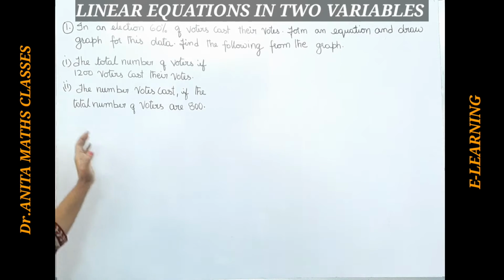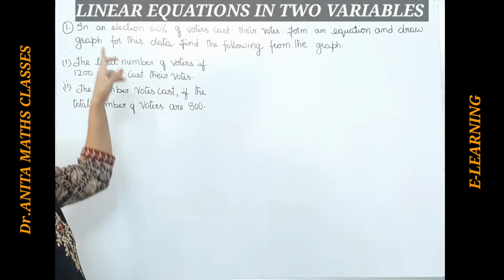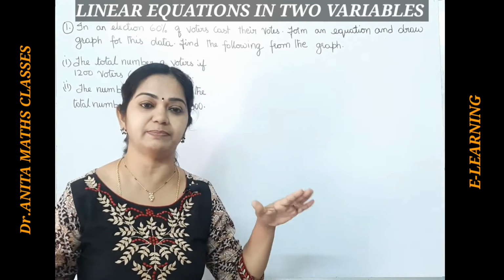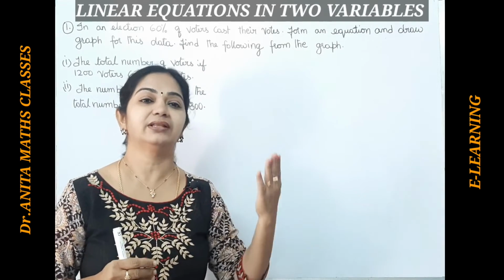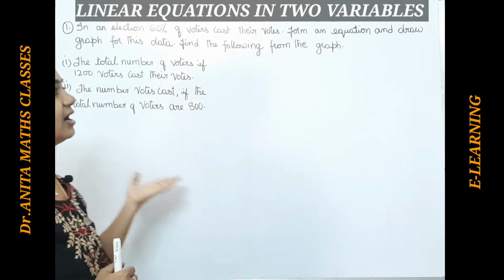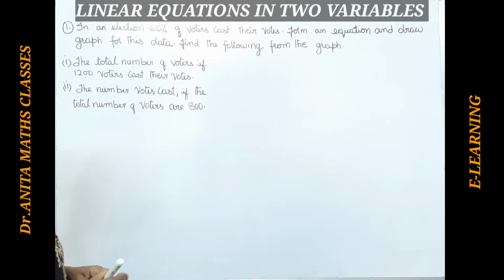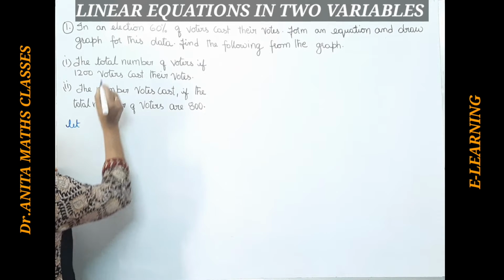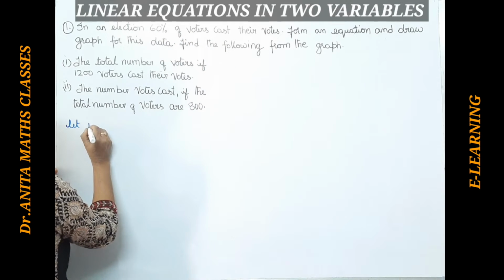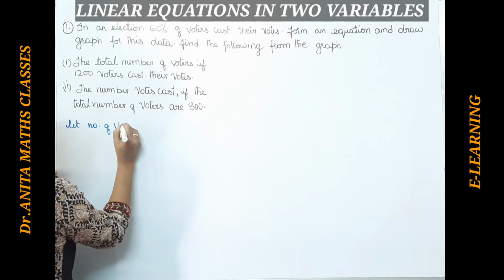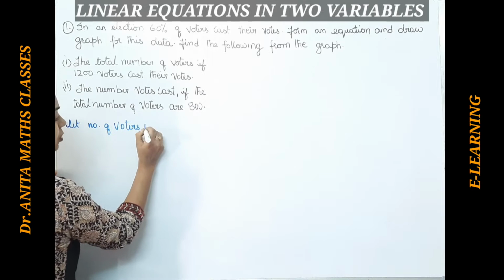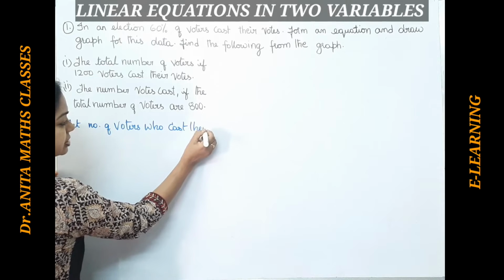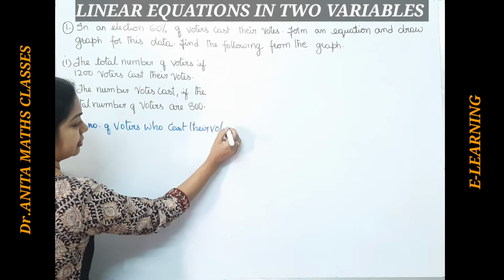First we will proceed in a stepwise manner. In an election, 60% of voters cast their votes. Out of 100%, only 60% have cast their votes. Now let the number of voters who cast their votes be x.